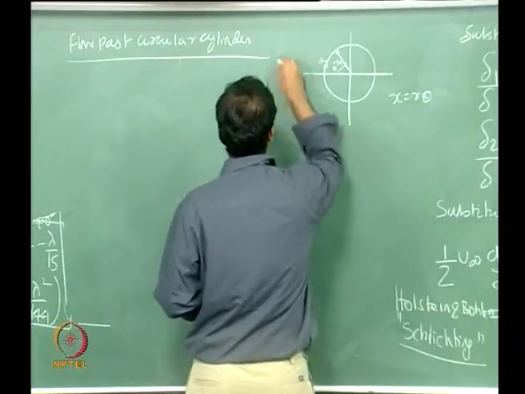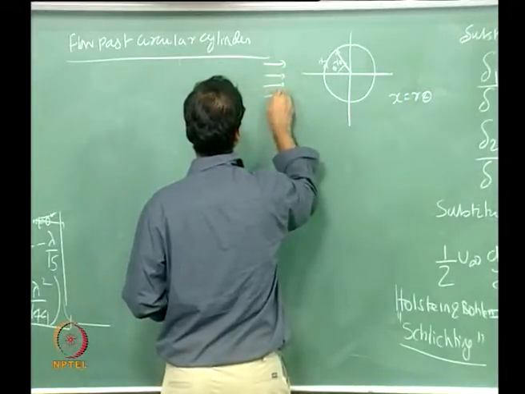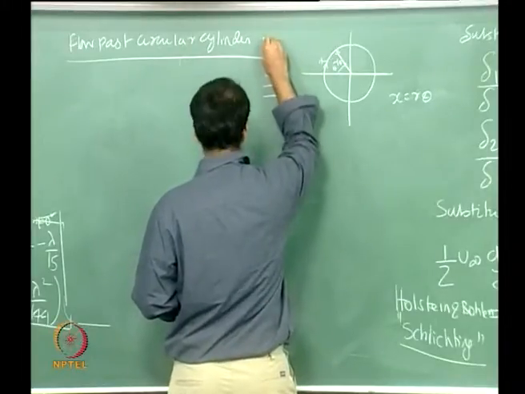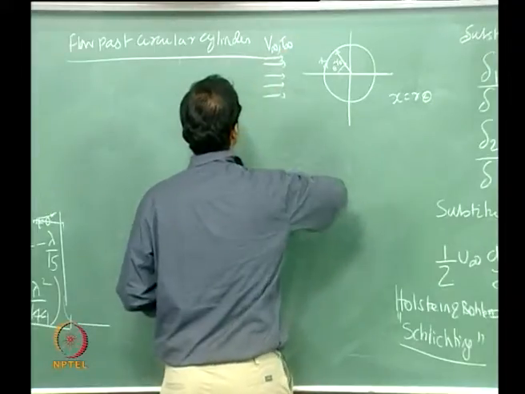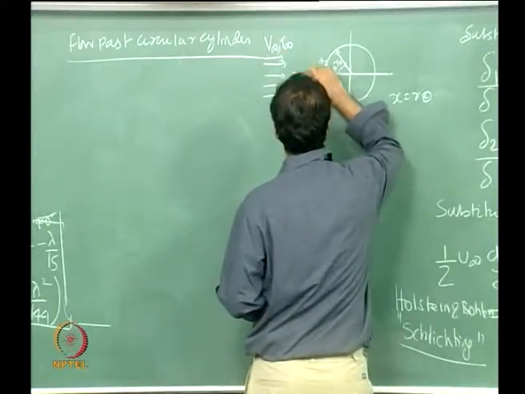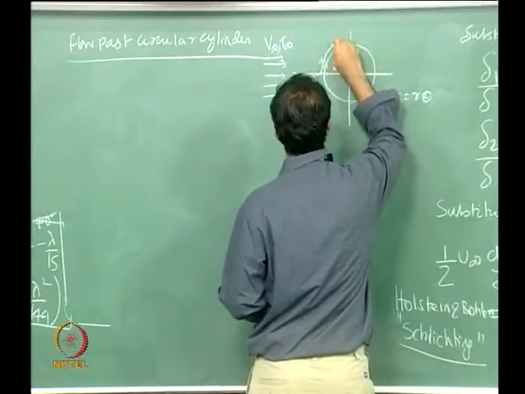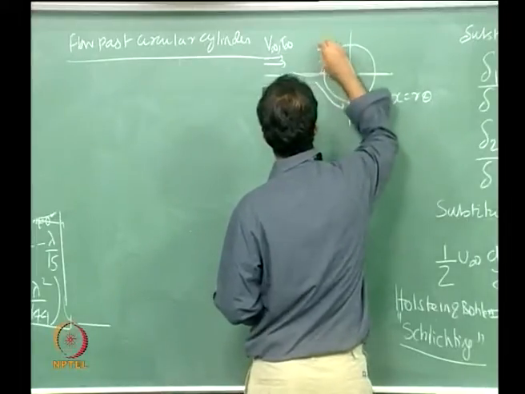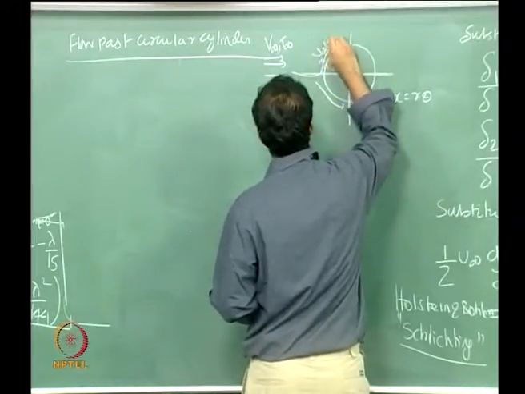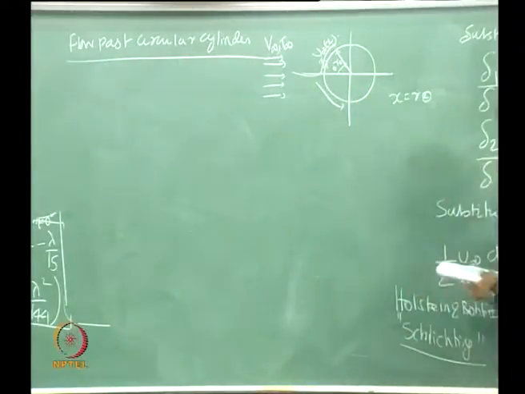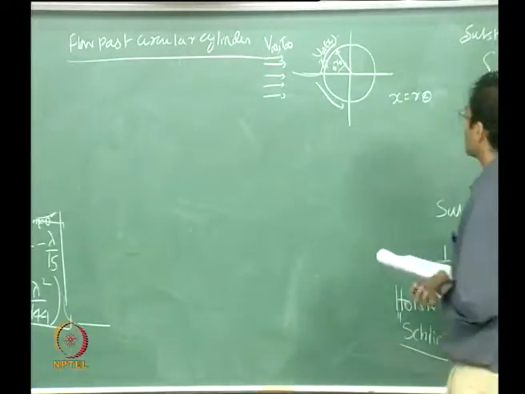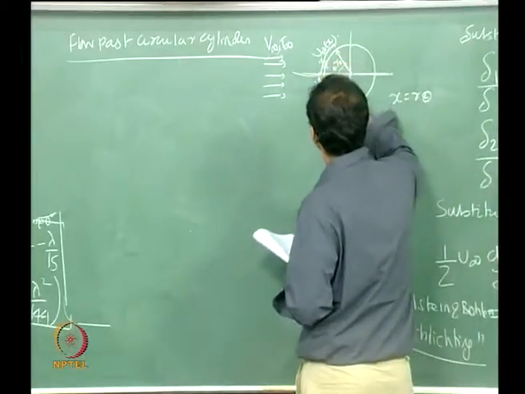Okay, and when it is approaching the cylinder, the flow has a constant velocity, u infinity. Now once it encounters the stagnation and starts flowing past this, then this becomes the free stream velocity, which is a function of x.